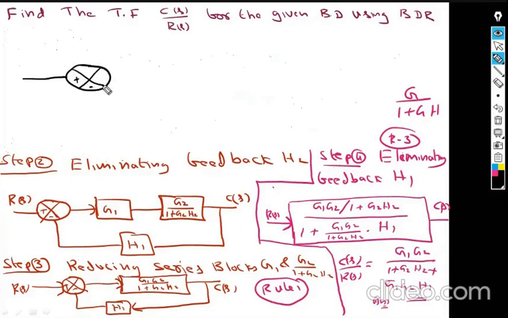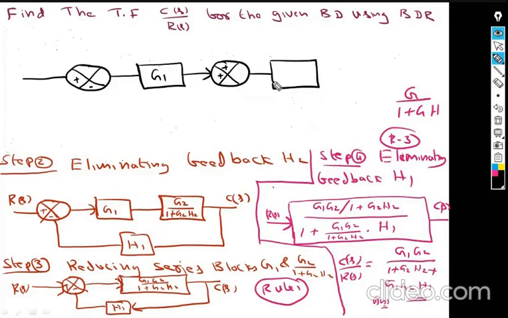So plus, minus, G1, plus, and then G3, and here output C, input R, the signal like this.